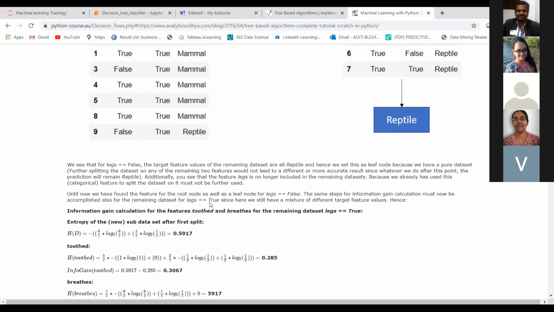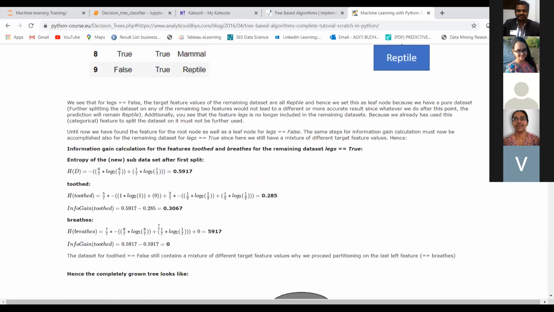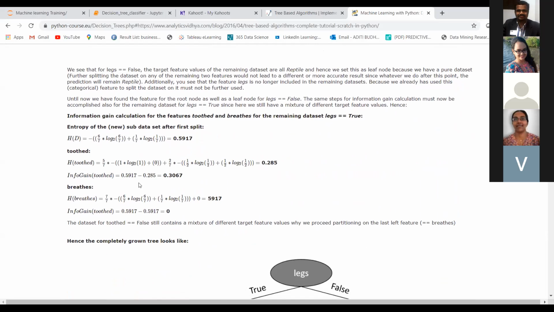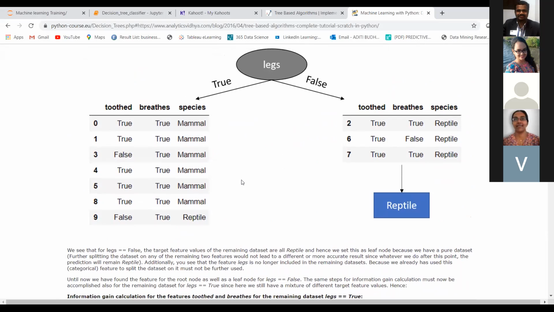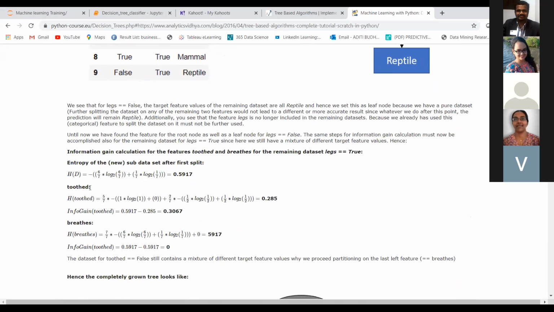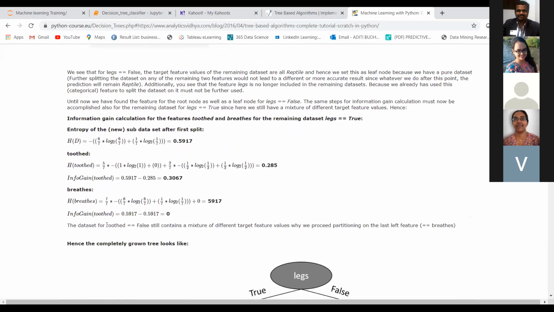Now again, our model will go about calculating the information gain for the remaining features. Out of the 3 features that we had, we have used the legs feature for the first split. Now we are remaining with tooth and breaths. Our model will calculate the information gain for these two features, and again, for whichever feature we have the highest information gain, we will select that feature to split our data.